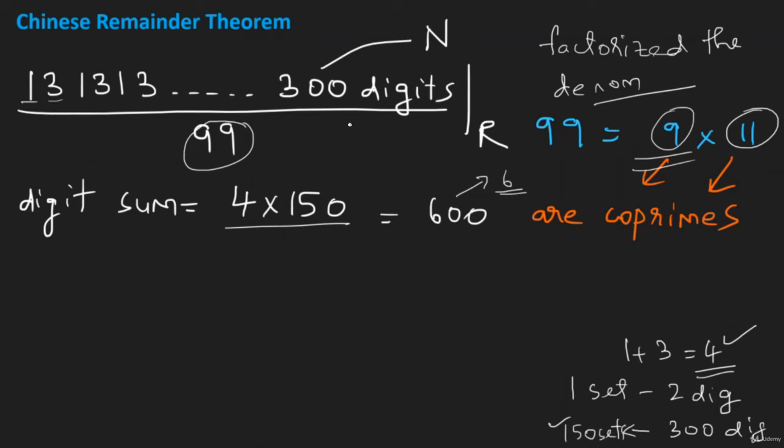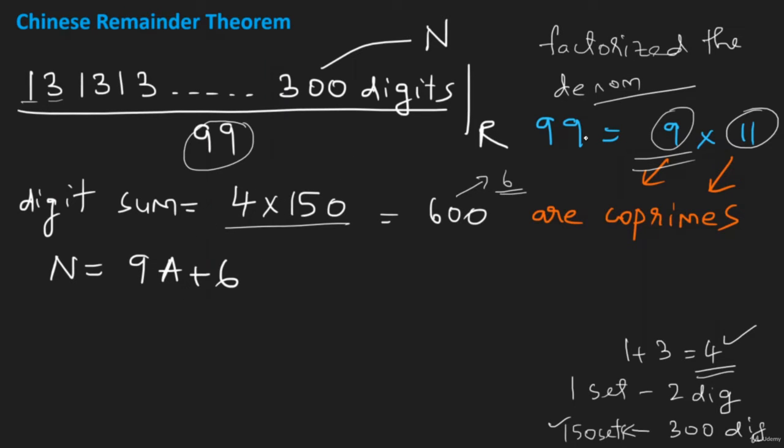Therefore we know that if you divide 1313 etc up to 300 digits by 9, you will get a remainder of 6. Therefore I can write n is equal to 9a plus 6. That means n is some multiple of 9 plus 6, and that's true because we're getting a remainder of 6 when we divide n by 9.